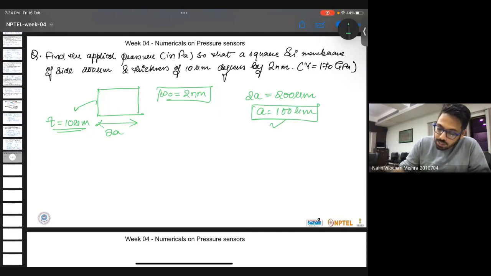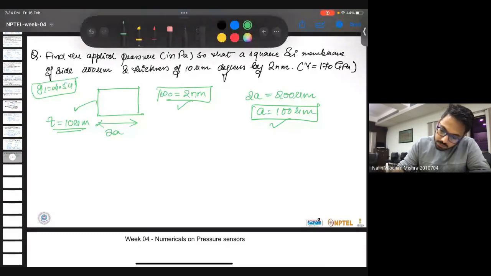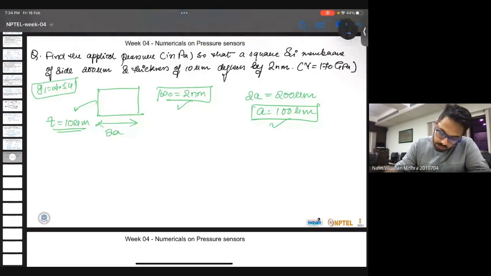So we have a, we have omega, w naught. Also I think G1 you can take the value as 4.54. So you need to find the pressure. The formula for pressure is this.